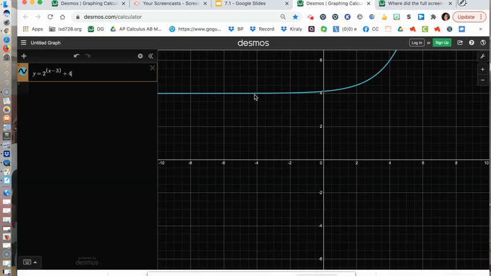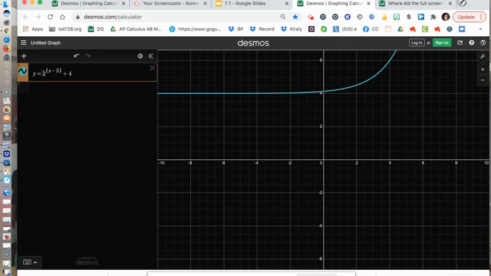So we'd say y greater than or equal to 4 is our range. This tail number on here, this 4, tells us a lot about the graph. It tells us horizontal asymptote at y equals 4. It tells us that our range is y greater than or equal to 4, unless we do one more transformation.